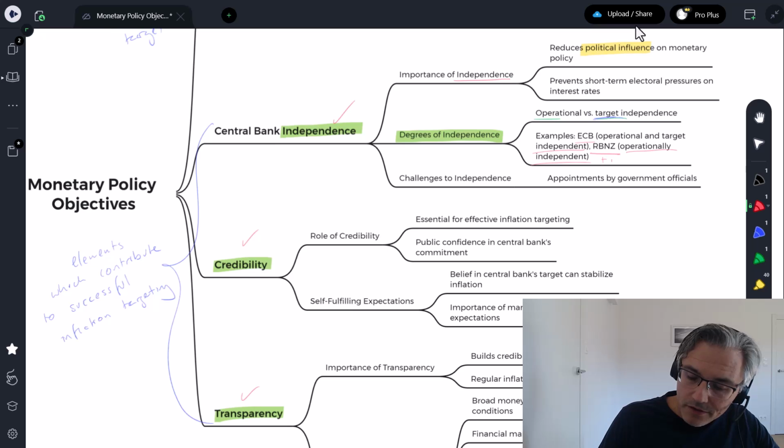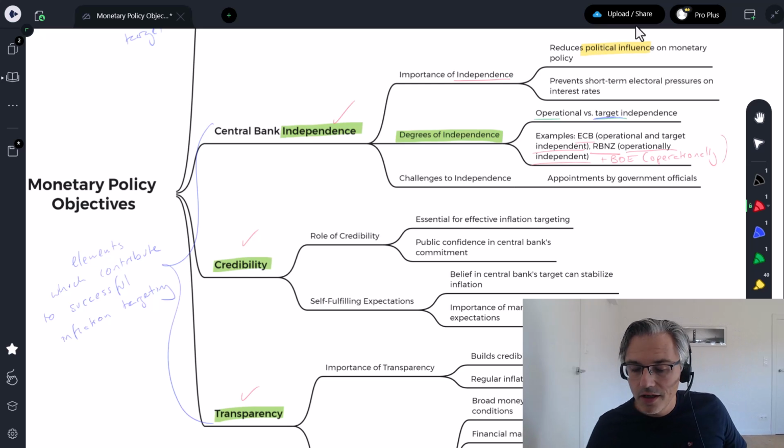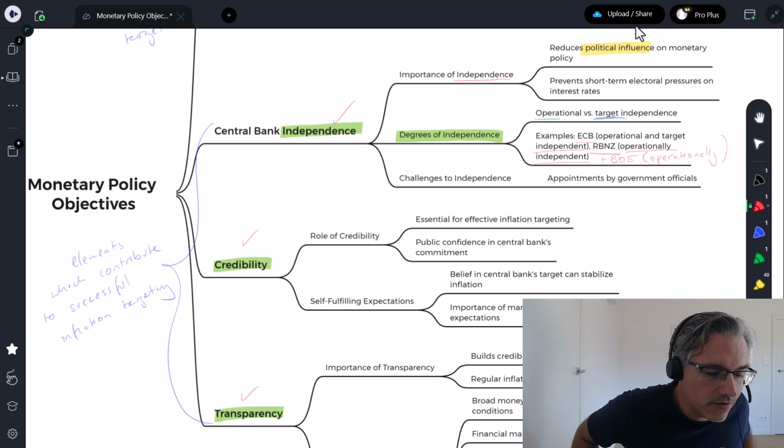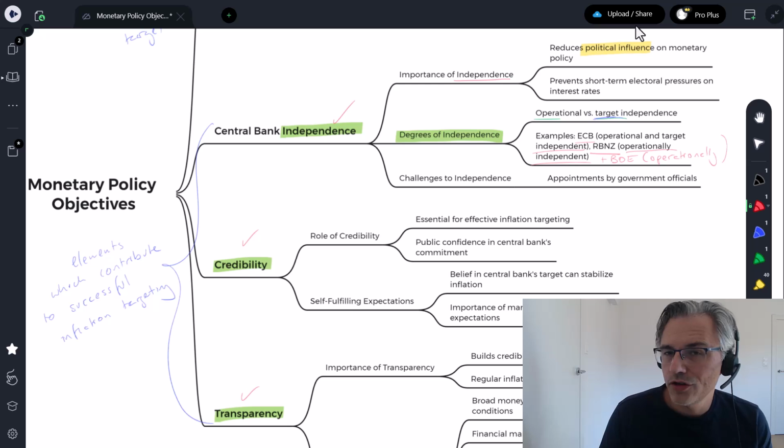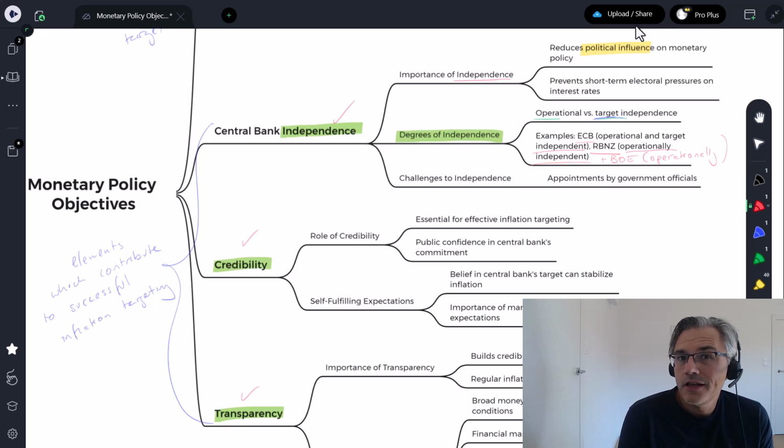Also, the Bank of England is operationally independent only, but not target independent, because in those countries where the central bank doesn't have target independence, the inflation target is sort of dictated by government, and the central bank just has to do what it can to achieve that target.